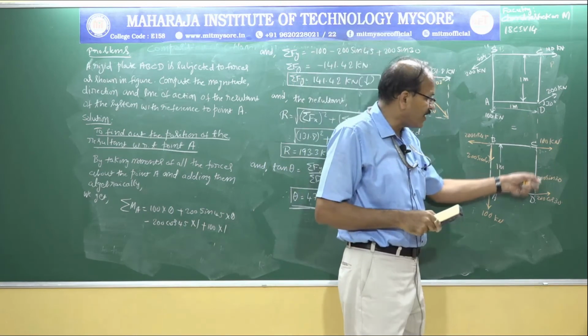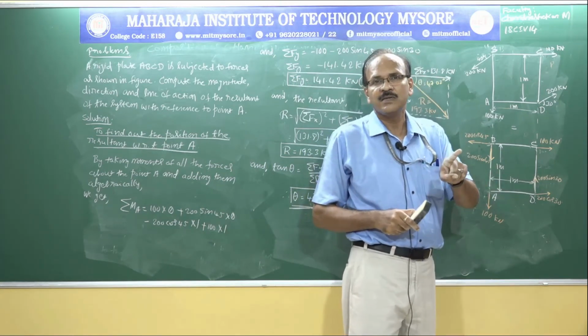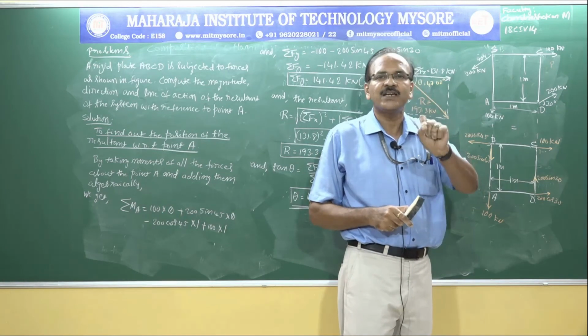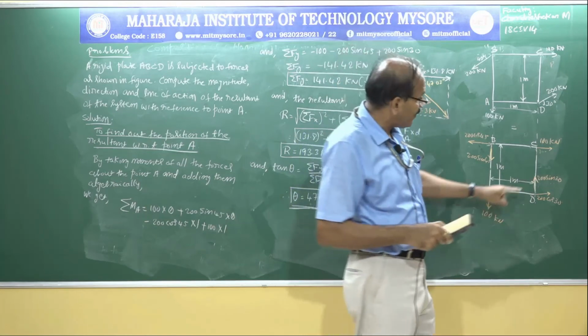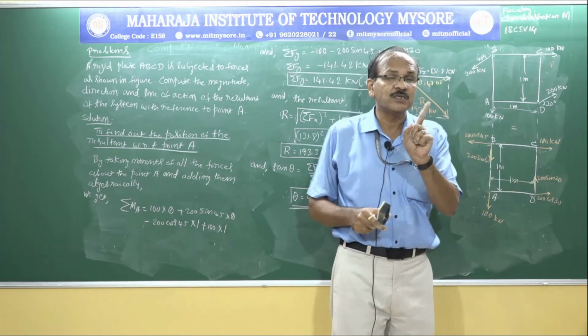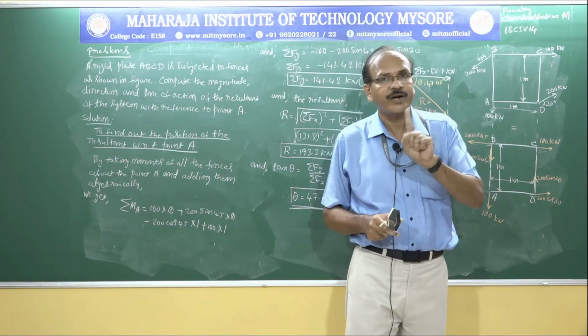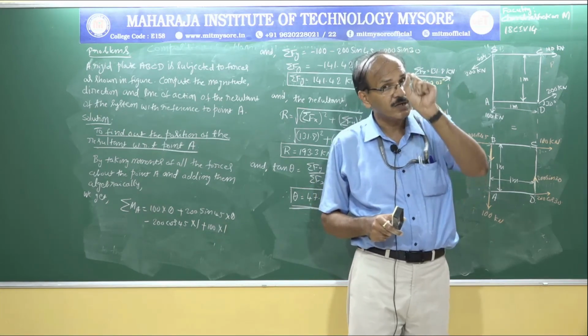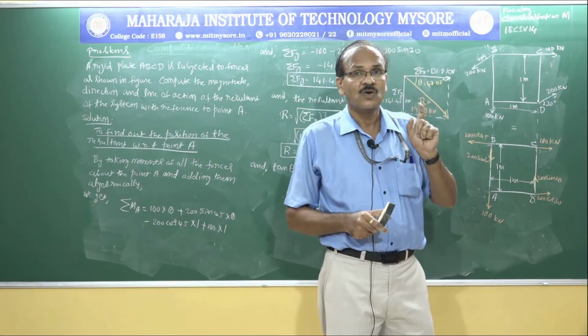Whenever you multiply a force by a distance, it becomes a moment. Then you must think in terms of clockwise or anti-clockwise. Just because this force is acting upwards, you should not take that as positive. No, it is not. We are not talking about the force. Instead, we are talking about the moment.